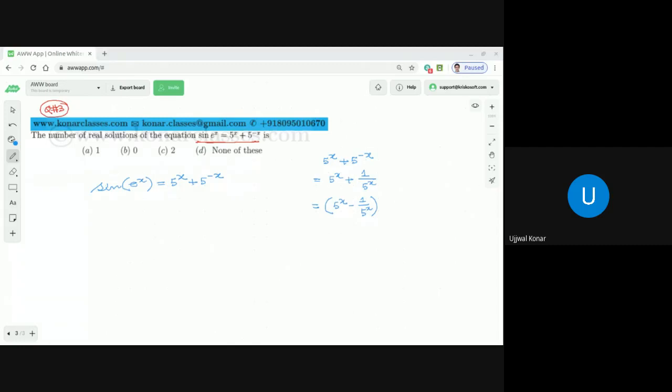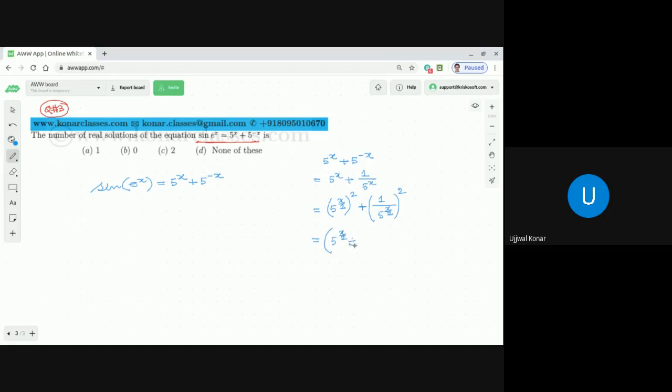Just a minute. Let me write it a little differently. So we are going to write 5 power x by 2 plus 2, correct? Plus 1 by 5 power x by 2 plus 2, correct? Do you agree with me? So a square plus b square, that means what? A plus b whole square.